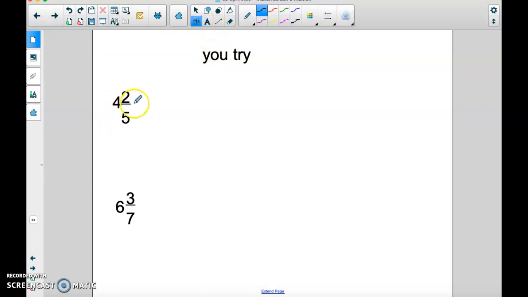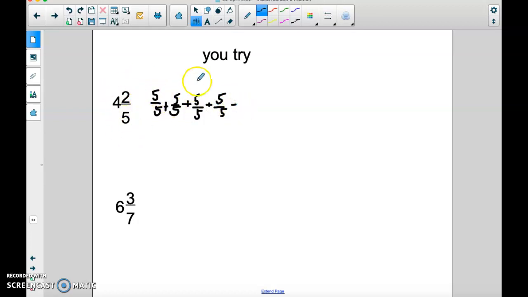So for 4 and 2/5, 1 whole is equal to 5/5, right? And since there's 4 wholes, I would have to do 5/5 plus 5/5 plus 5/5 plus 5/5.